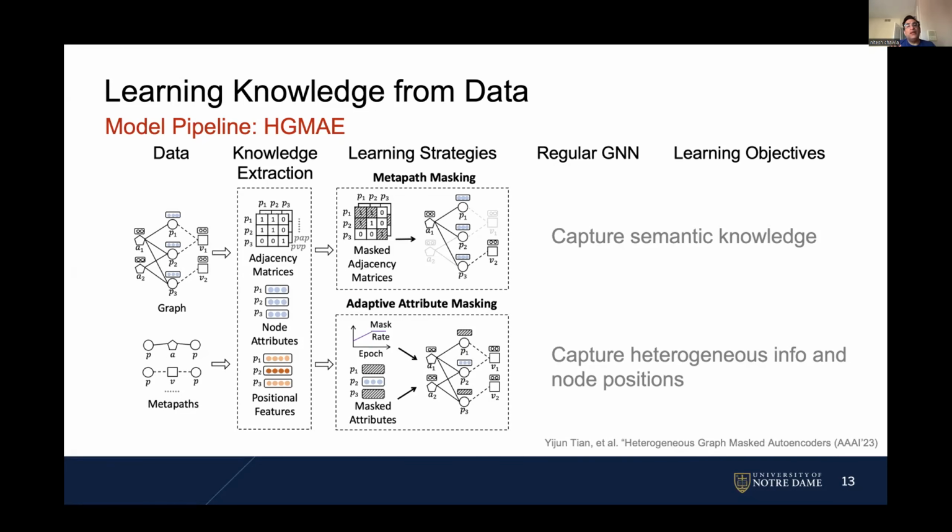the adjacency matrix, which is how the graph exists. And then can I learn those things based on other information? Or can I mask the attributes and learn those based on the other information?